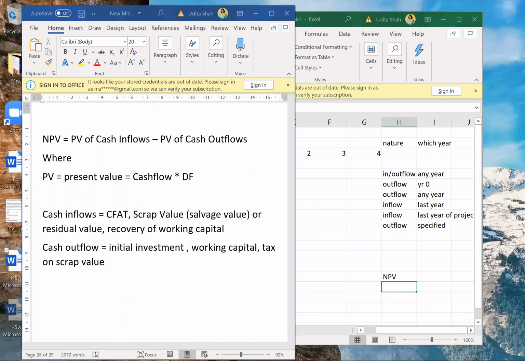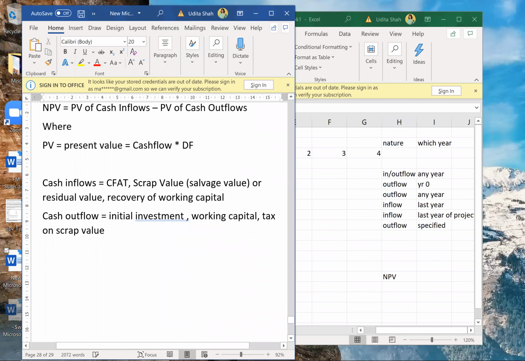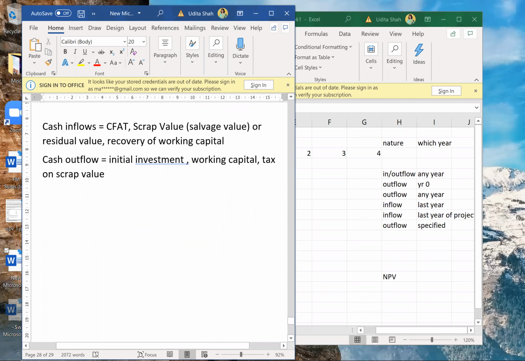Now, the advanced concept of NPV, section C problems, we will do. For that, we need to know NPV with inflation. If inflation is there, we'll have to inflate our figures. Sales will increase every year, cost will also increase every year.